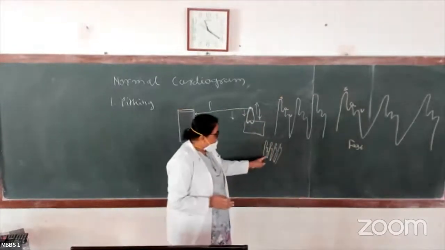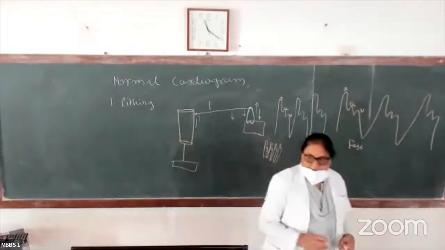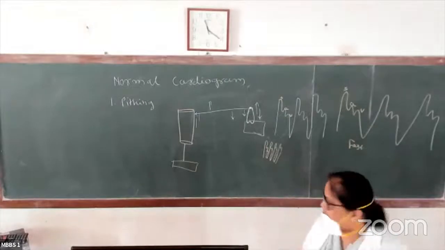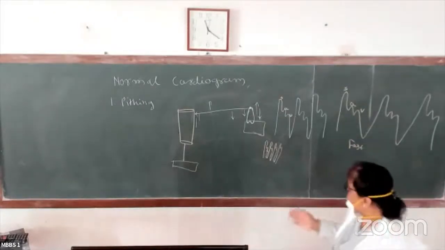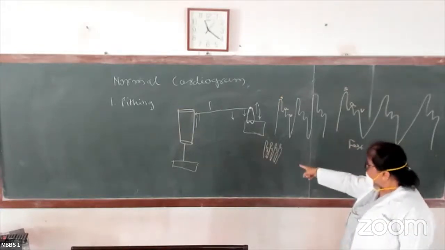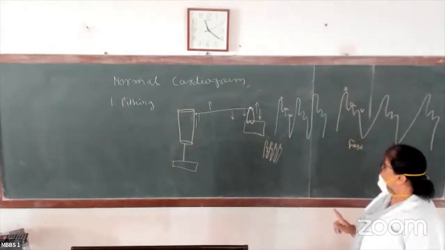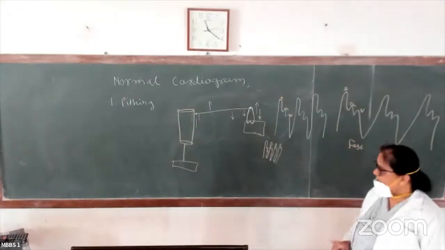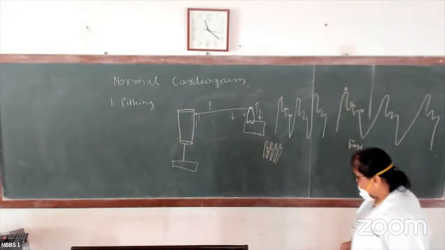The waves are at less space, so we can't visualize them separately. This is atrial contraction, ventricular contraction, or the sinus contraction. So this is at normal speed, slow speed, and this is at fast speed. S is the sinus venosus contraction, A is the atrial contraction, V is the ventricular contraction.